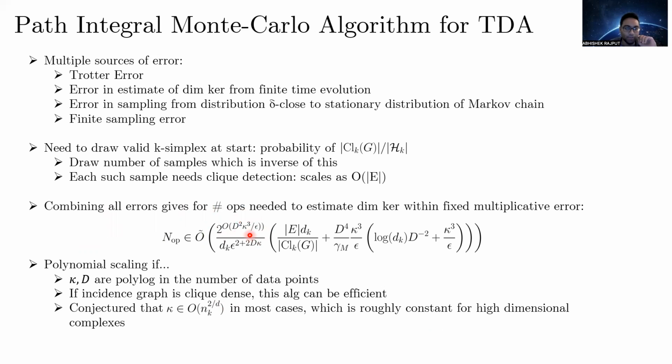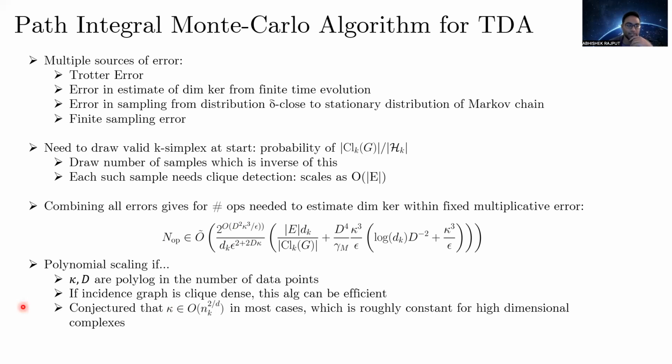The condition number, I already discussed how that would be bounded. This d number over here, again, I mentioned earlier, is basically proportional to K squared, times the square of the maximum degree of your vertex in your input graph. Those are not necessarily dependent on the number of data points, so this is still okay. And for a given value of K, that value is fixed from the outset.